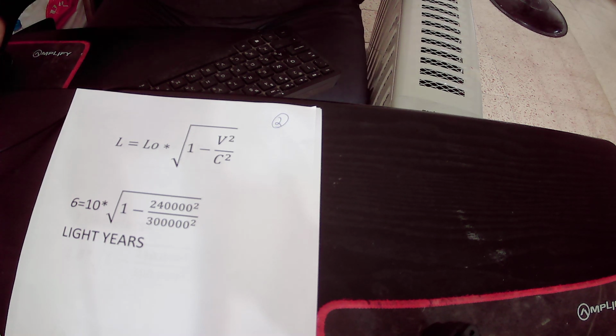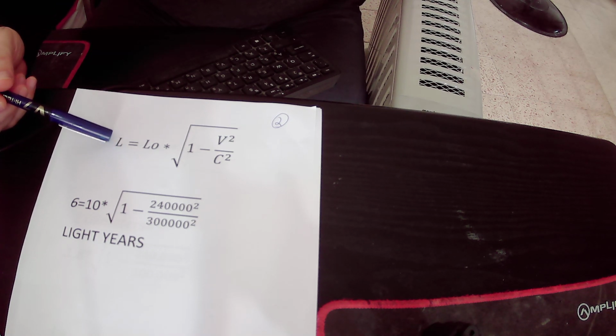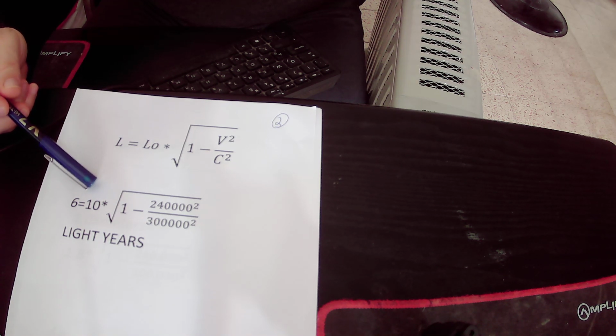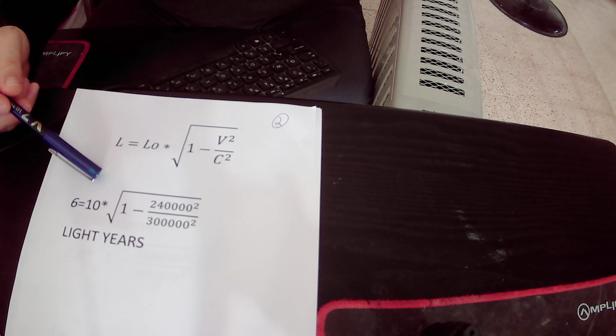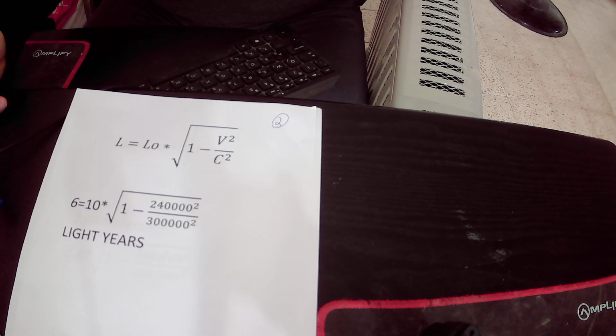So in our example, actually the distance from Earth to the star Epsilon is 10 light years, and that distance is measured when the two objects are not moving relative to each other.